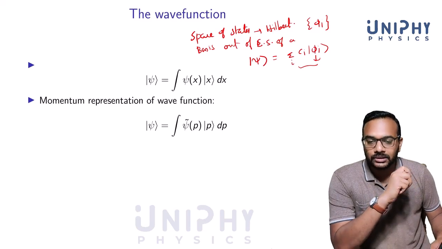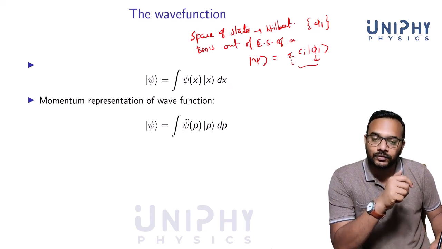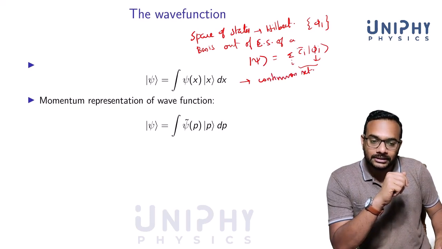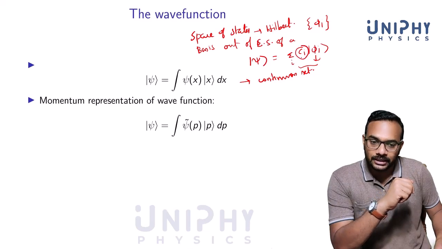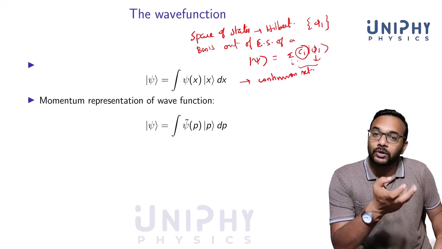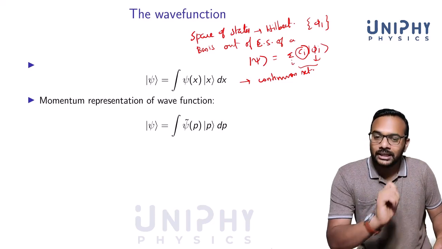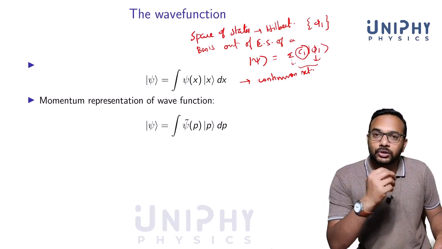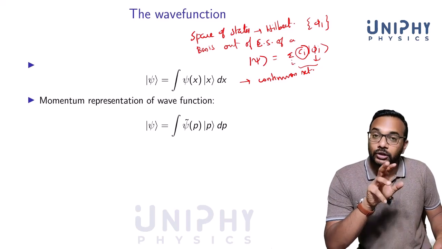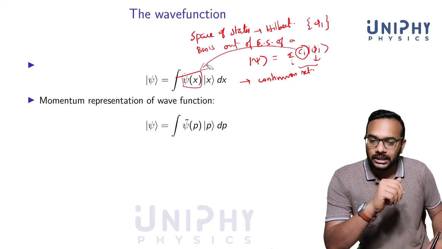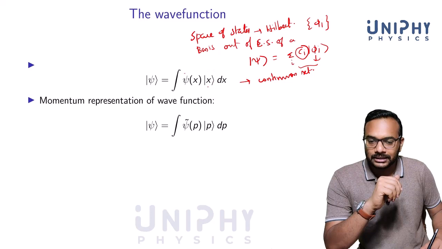Correspondingly, instead of the expansion coefficients c_i, for each point in space you have one expansion coefficient, a complex number. That's what we write as psi of x. It's just a generalization of c_i into the continuous basis, and these are the position vectors.